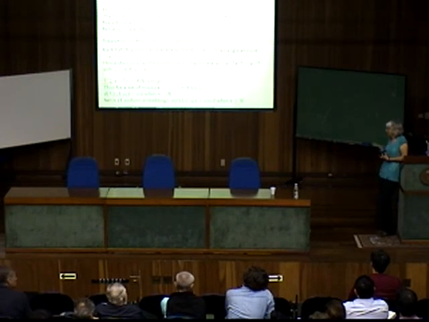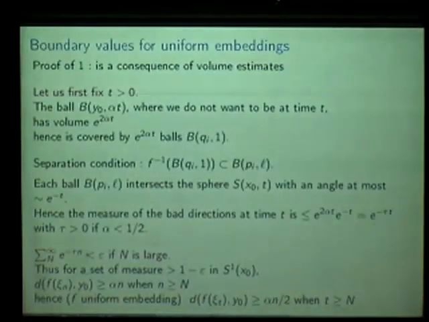So to sum up, for a set of measure 1 minus epsilon of directions, the image of the corresponding geodesic rays goes linearly to infinity with speed at least alpha.